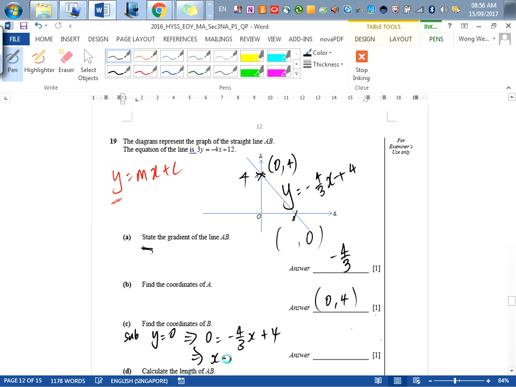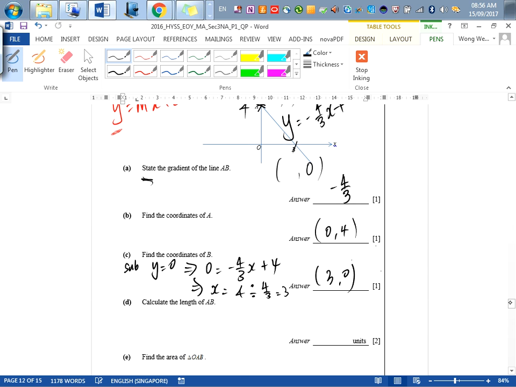Then x will be equal to 4 divided by 4 over 3. 3, yeah. Can I just write it down like that? Because that's not the coordinate, right? I need the full working, the full coordinate, 3, 0. The x coordinate is 3, the y coordinate is 0.